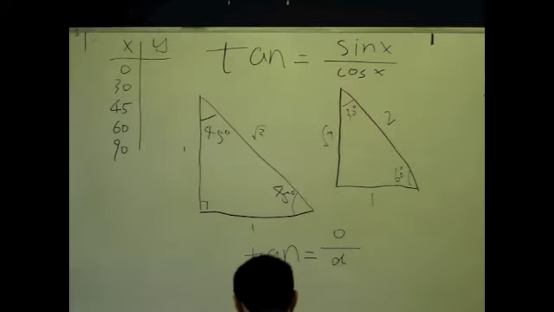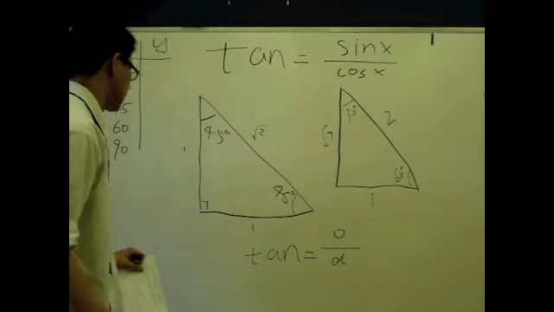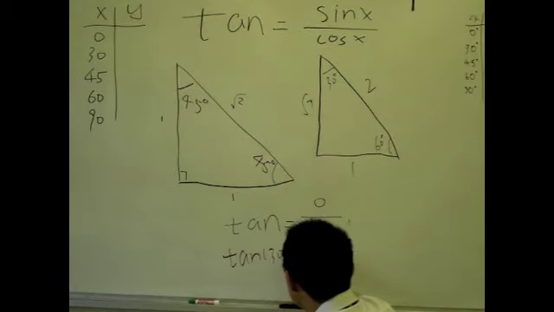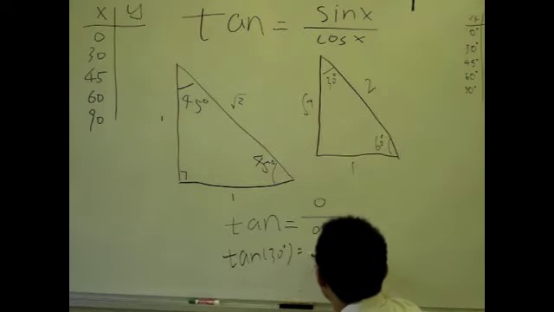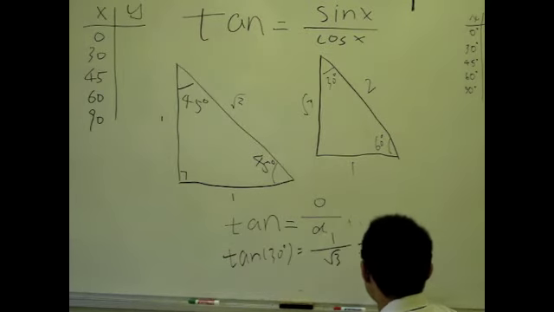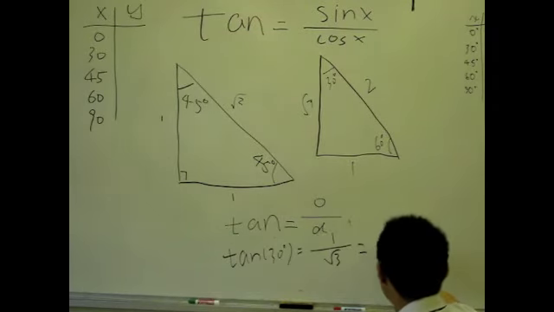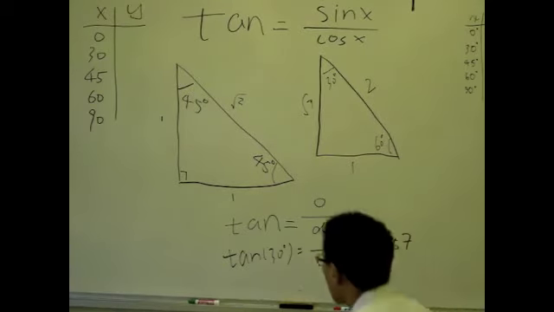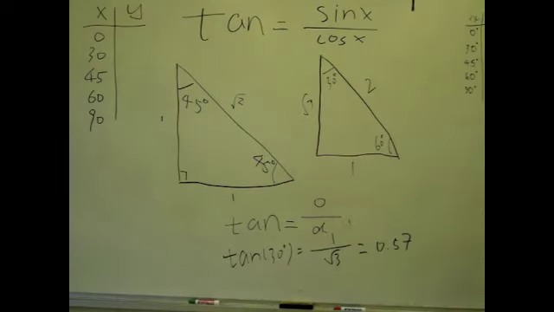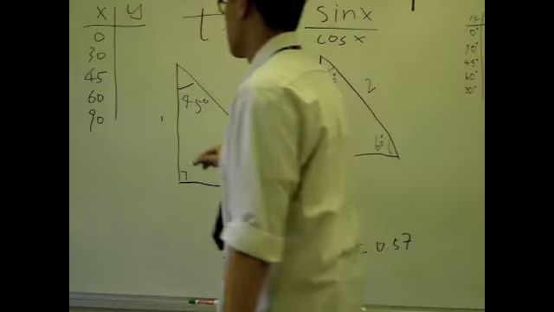So we take the 30 degree as the example. Tan 30 is equal to 1 over √3, which is approximately 0.57. Right now, we just start to repeat the calculation.